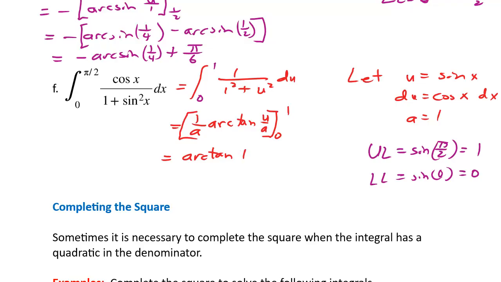Arctan of 1 minus arctan of 0. Arctan of 1 is, let's see, that's going to be pi over 4. Because the tangent of pi over 4 is 1. And the arctan of 0 has to be 0. So it's just going to be pi over 4.